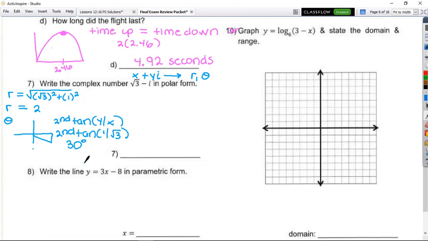So lastly, what you're going to do here is your subtraction to get your 4th quadrant angle. So I have 360 minus 30 equal to 330. All right, so answer in polar form, the abbreviated version that we used last week, is 2 cos plus i sine of 330.